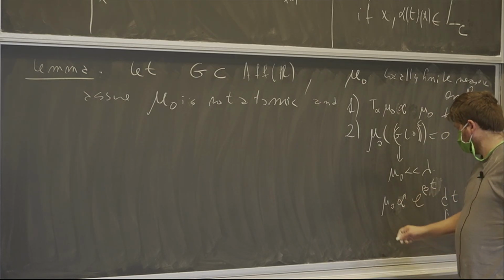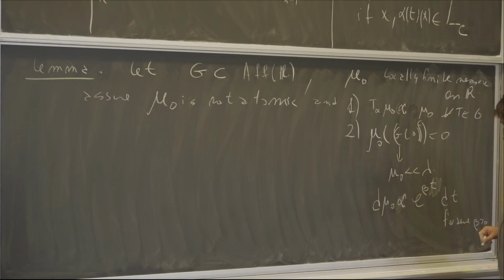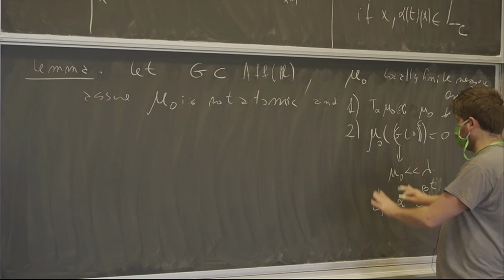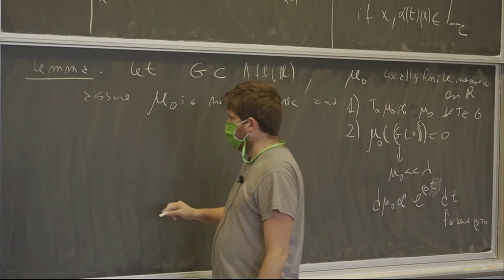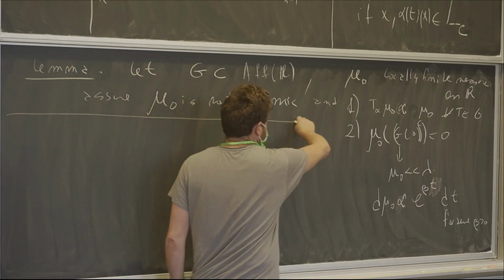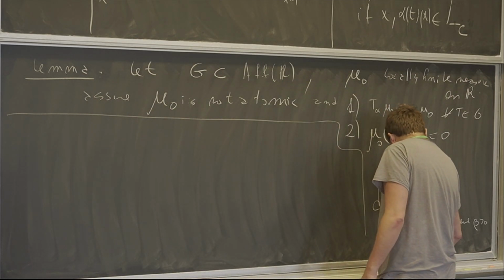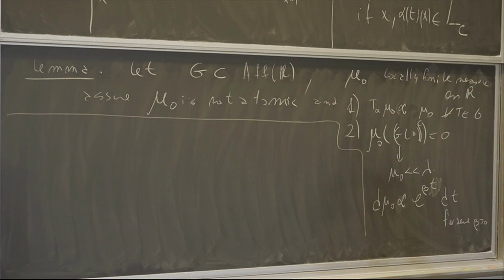So d mu naught is this. And then afterwards you show that beta has to be 1, and so you are really having dt. But that's very easy to settle, so I leave it for you.